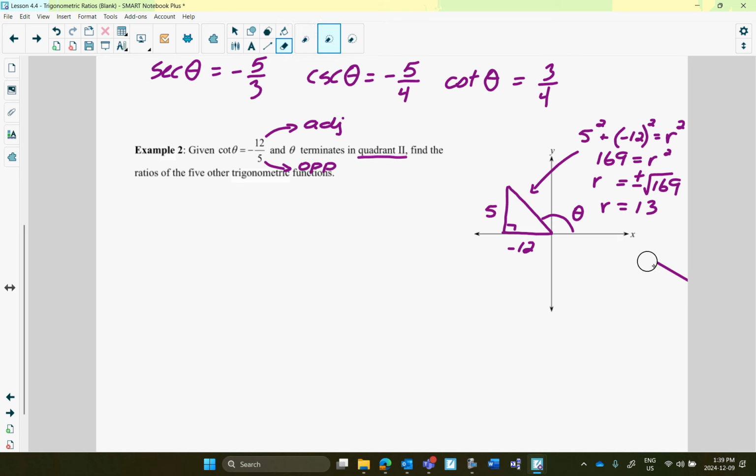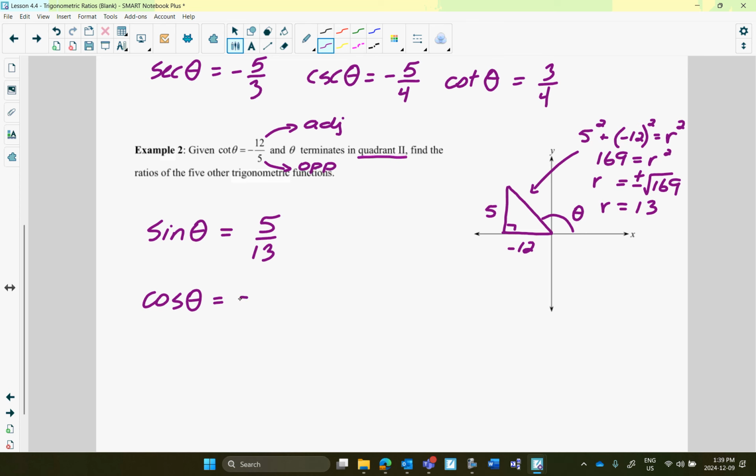Okay, so now I've got all the sides. So sine is opposite over hypotenuse. Give you the numbers from the triangle we just made: 5 over 13. Cosine is negative 12 over 13.